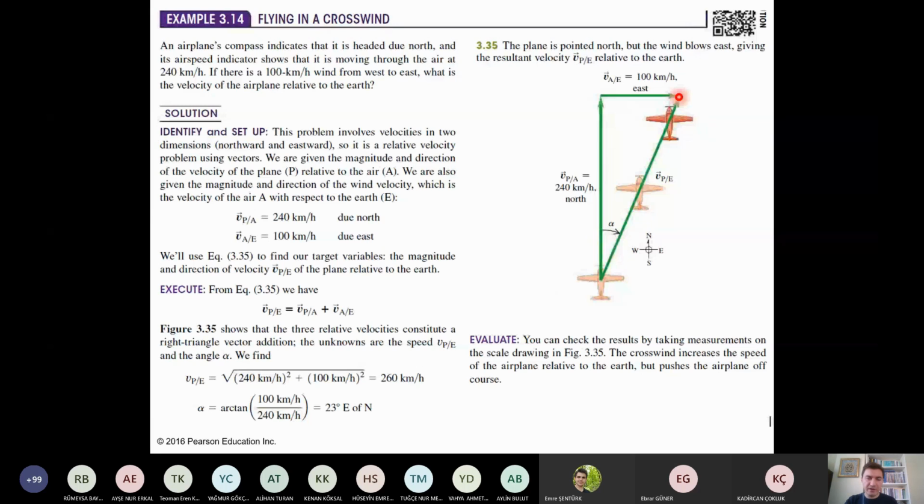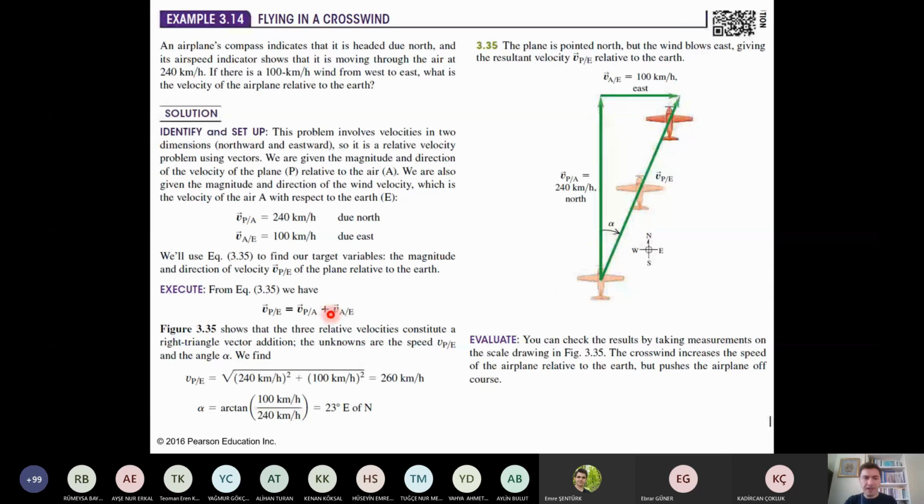So what do you see here? Velocity of plane relative to earth, this resultant vector here, is given by velocity of plane relative to air plus velocity of air relative to earth.